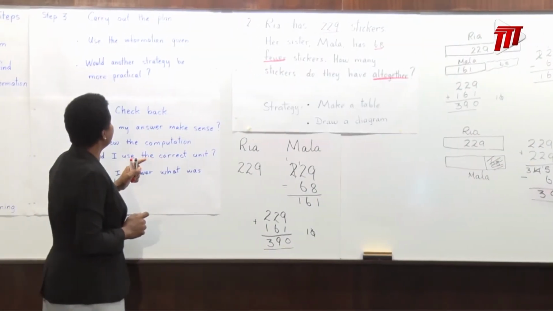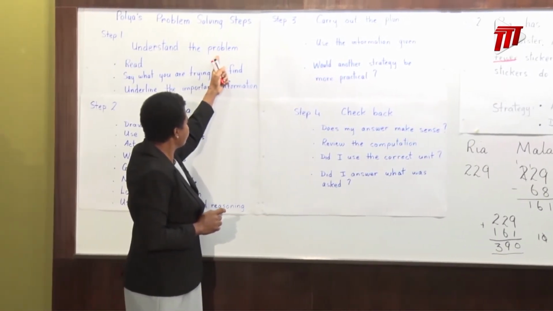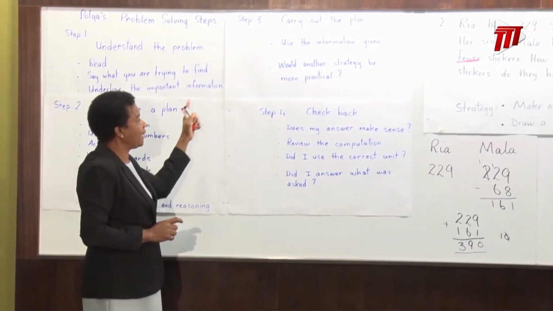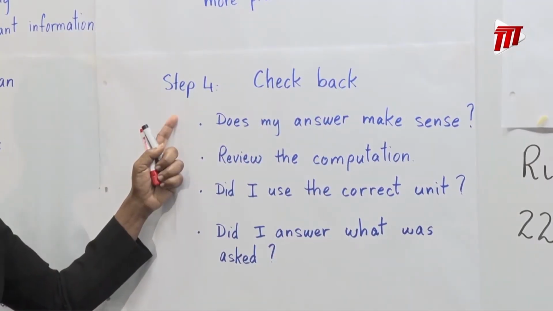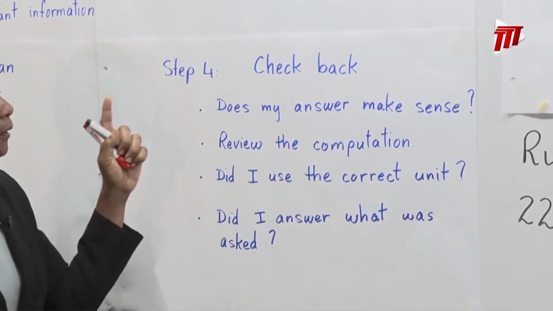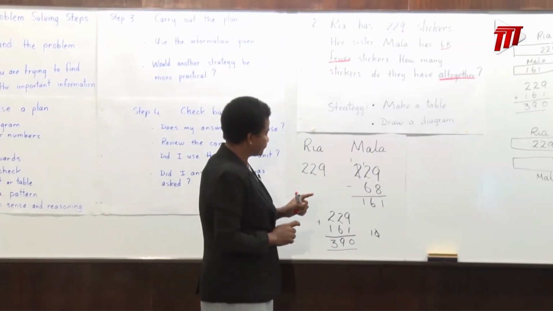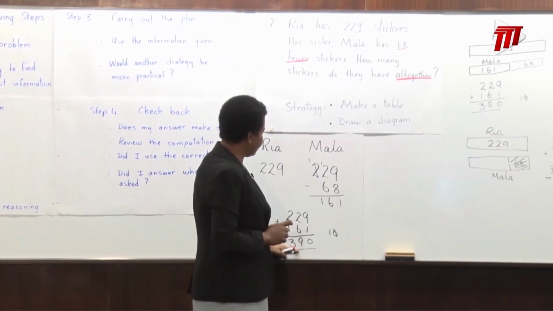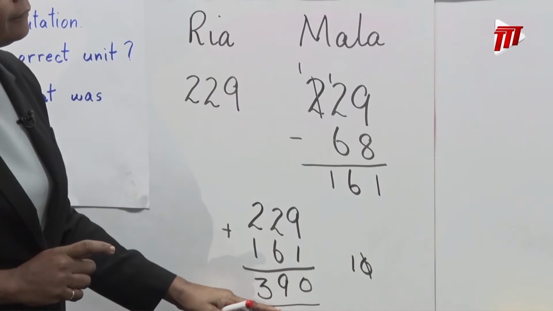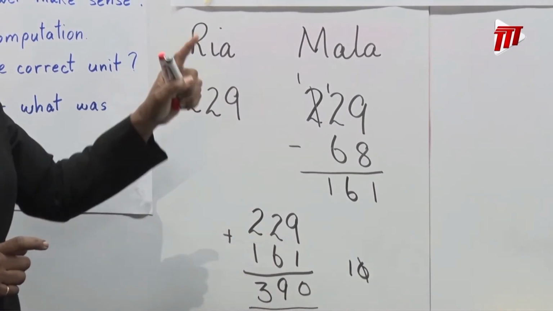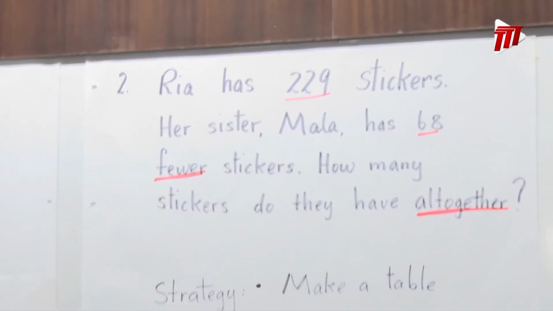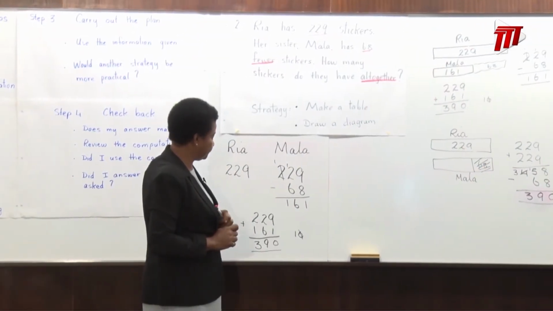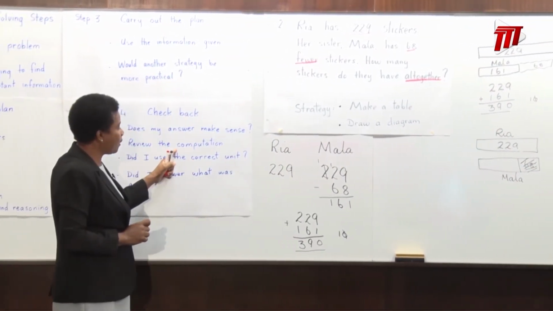So we have done step 1, step 2, and step 3. So let's check and see if our answer makes sense. Altogether tells us that we have to add. So our total must be more than Rhea's 229 and Marla's 161. Review the computation.